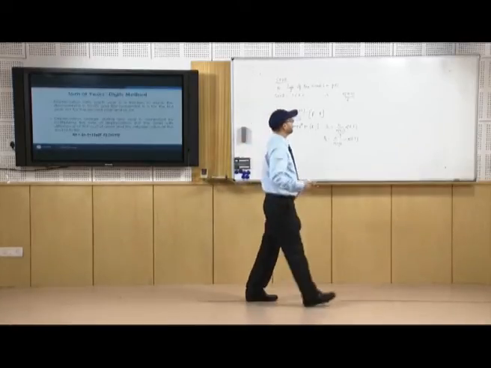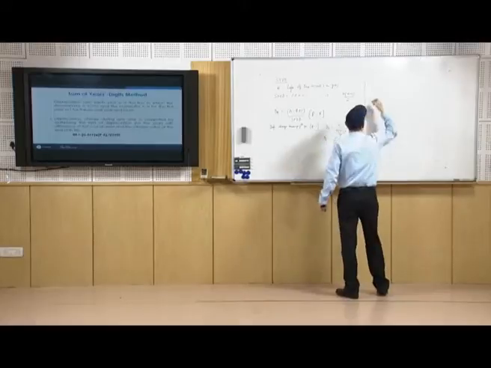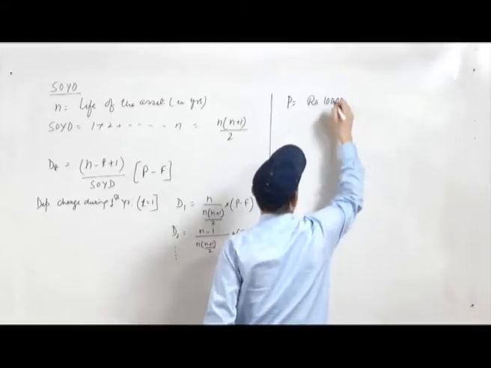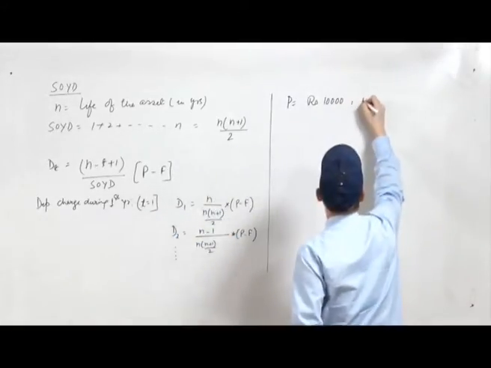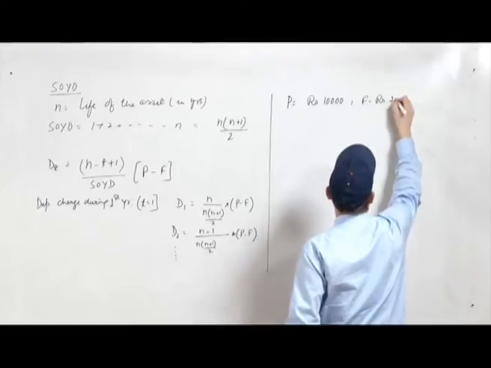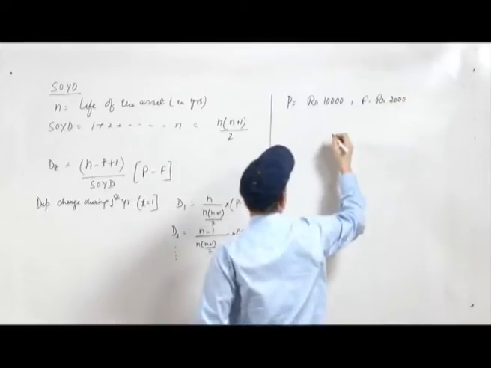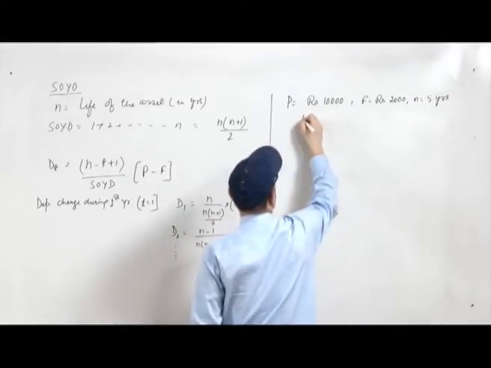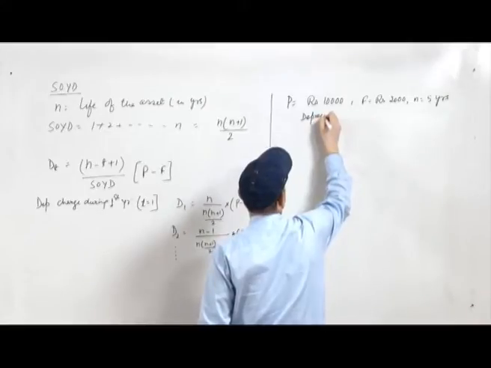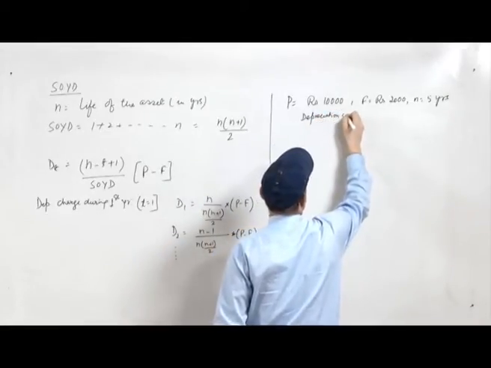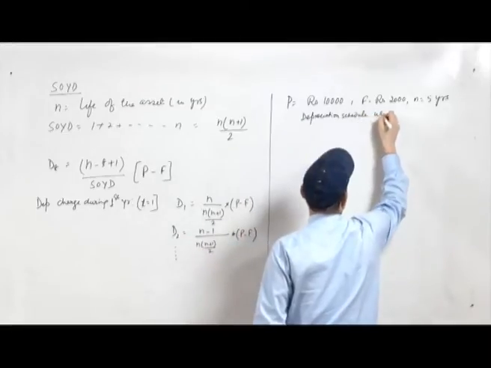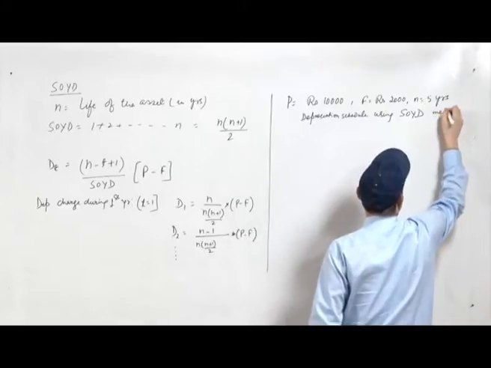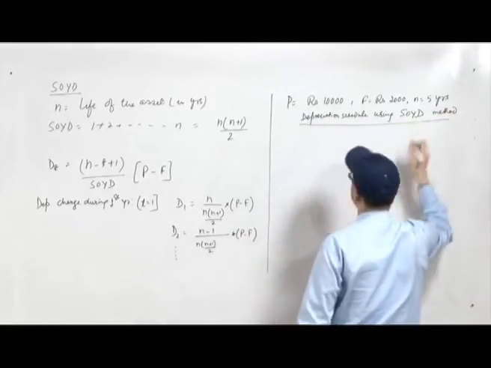Suppose you are given P as rupees 10,000, F as rupees 2,000, and N as 5 years, and you have to calculate the depreciation schedule using the SOYD method.